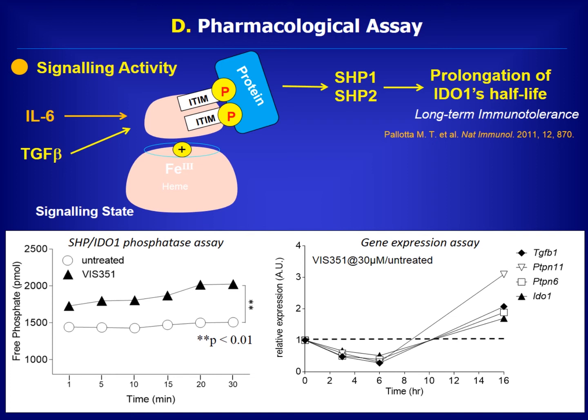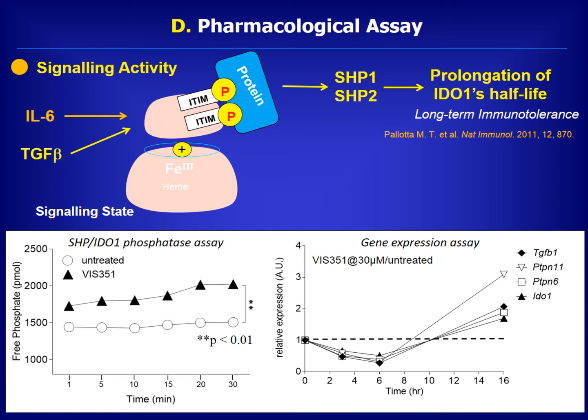And we saw that for the co-immunoprecipitations from the cells treated with this 351, there was a higher phosphatase activity with respect to the untreated cells, indicating that in this co-immunoprecipitation we have a large amount of SHP phosphatase recruited on IDO1 structures. Furthermore, we also assessed the gene expression ability of these molecules in those cells.